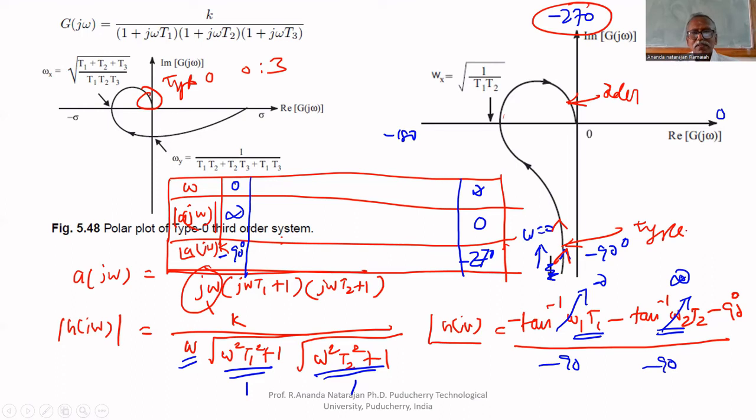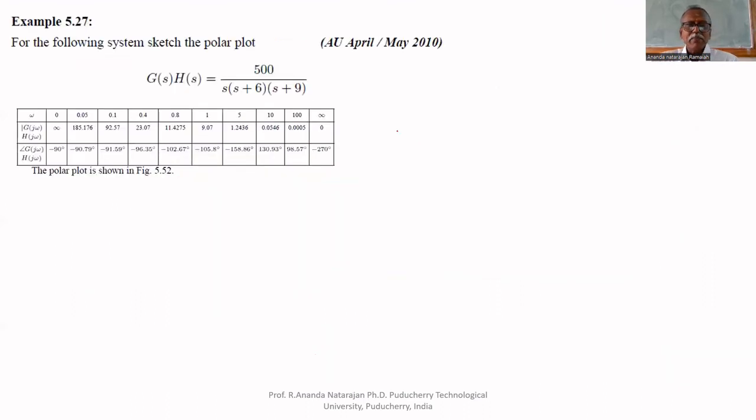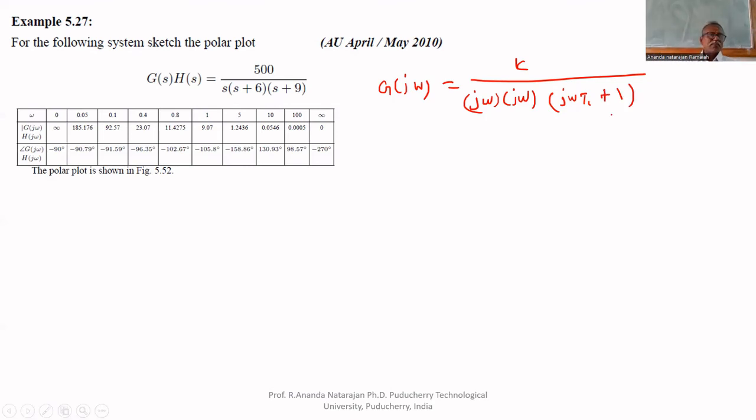Suppose I am having a system G of j omega equal to K upon j omega multiplied by j omega (T1 plus 1). What is the order? Order 3, type number 2.